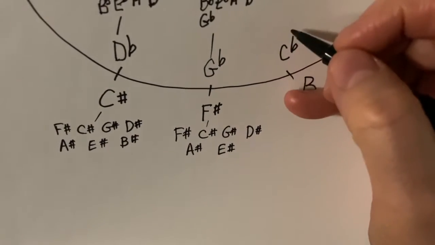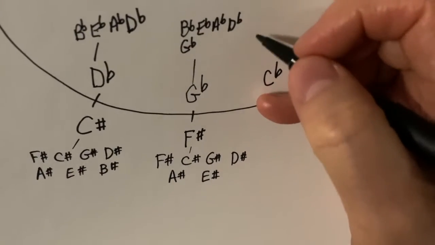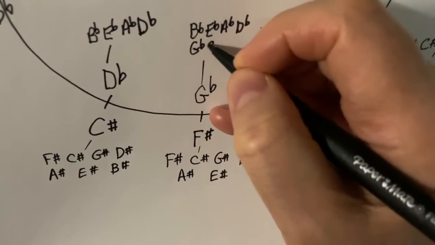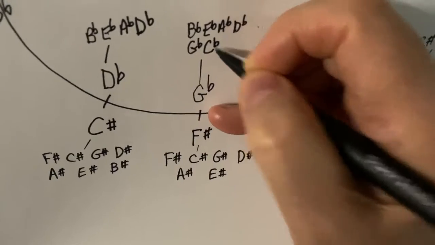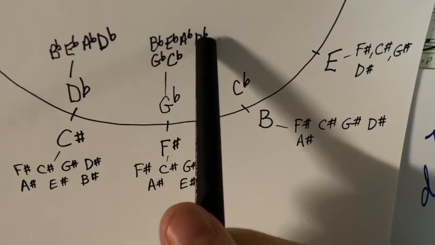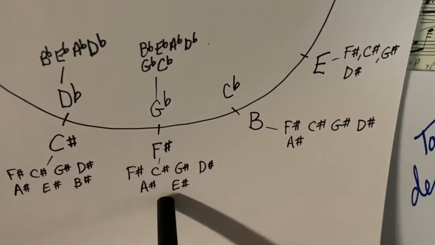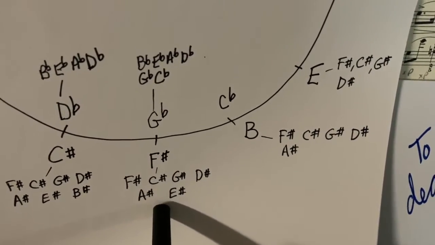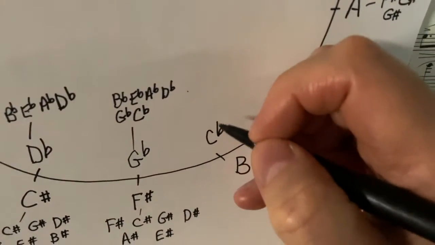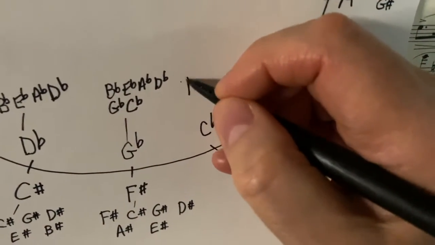The last flat here: 1, 2, 3, 4, 5, 6 flats. Or if it's F sharp, it's 6 sharps. It's at 6 o'clock here. And then the C flat has everything flat.